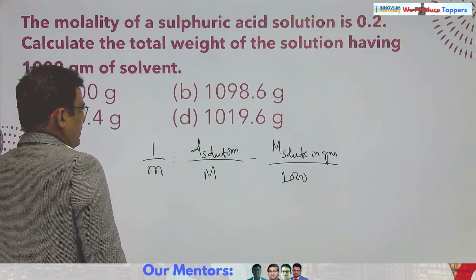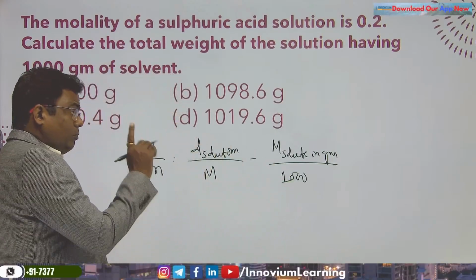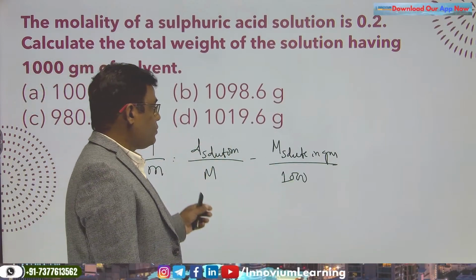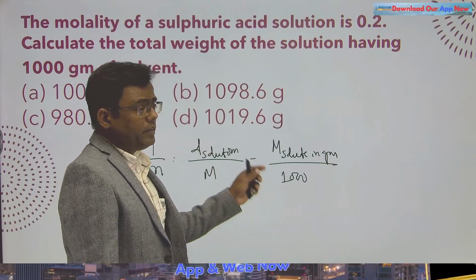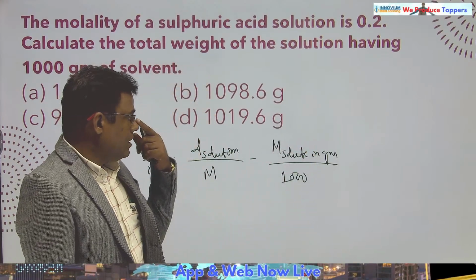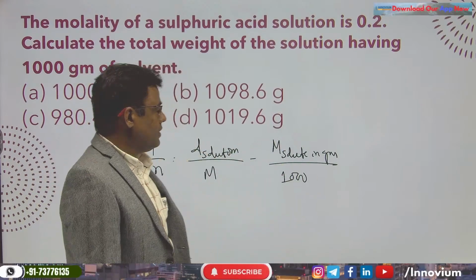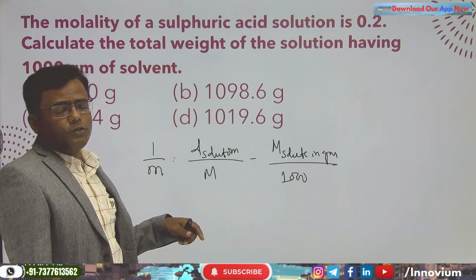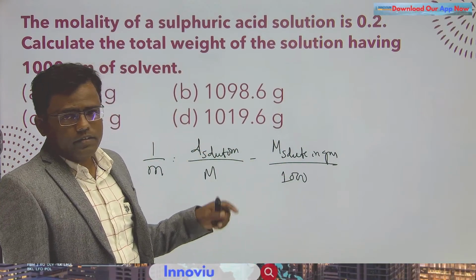Now one more important expression we can also obtain from this expression, if the molar mass of solute is given in kg instead of gram, and if the density of solution is given in kg per liter instead of gram per ml.